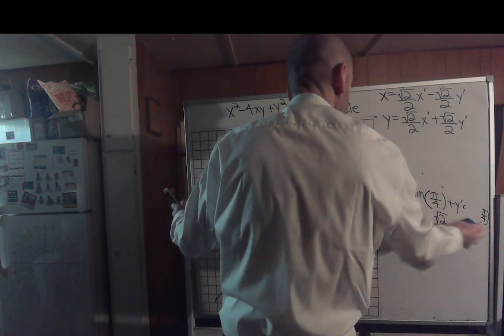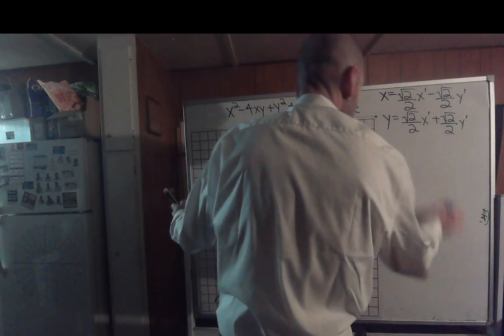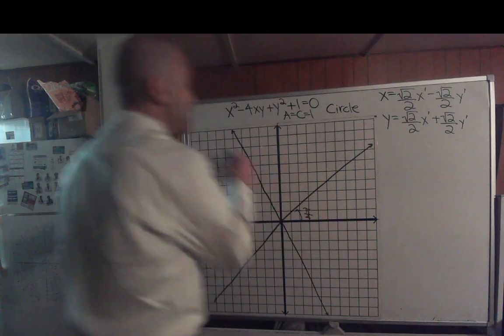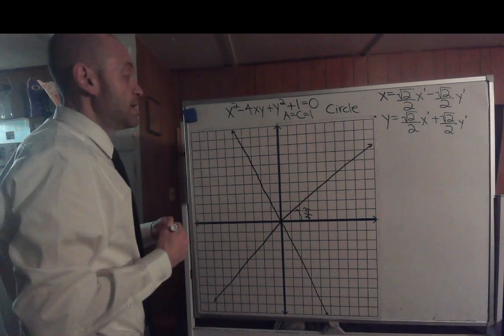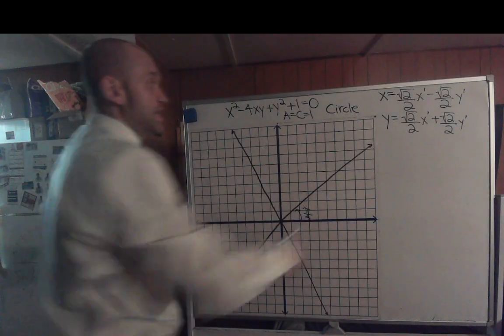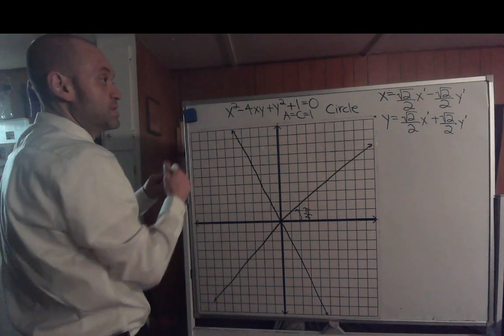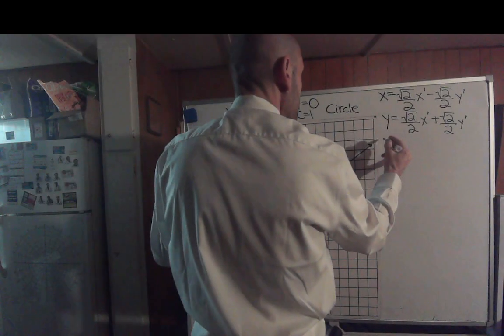Because what I have to do now is simplify this equation. So I'm going to take that value of x and substitute it in for x squared.